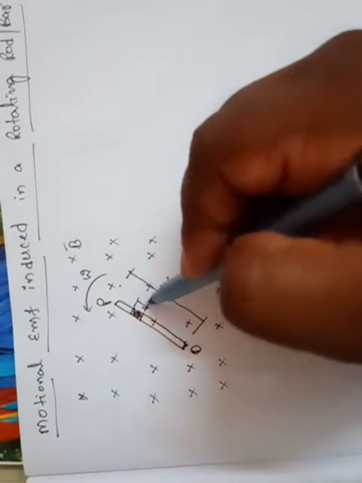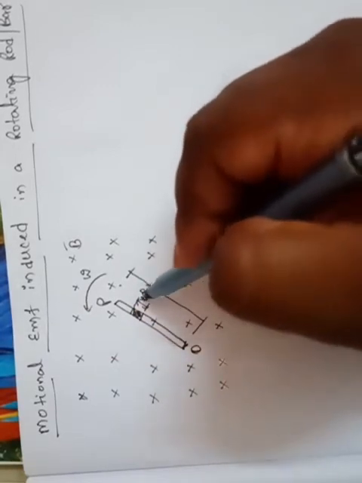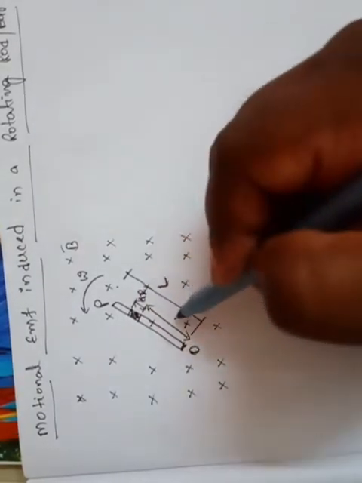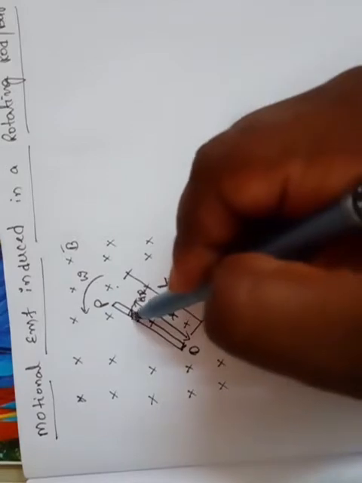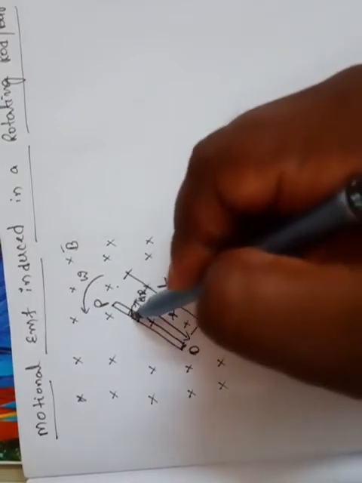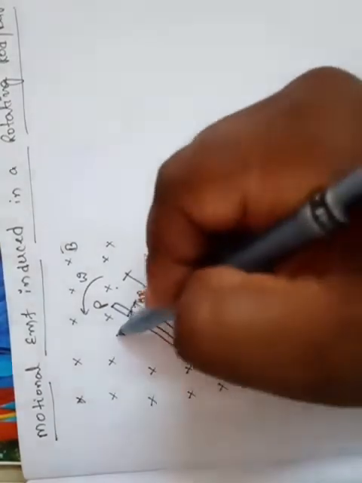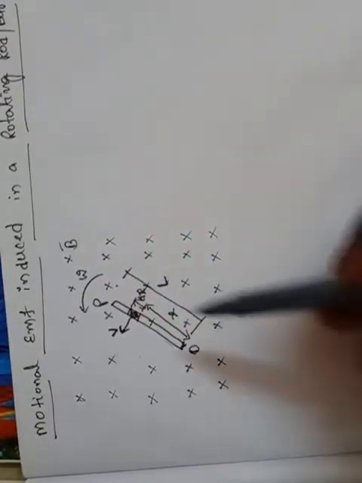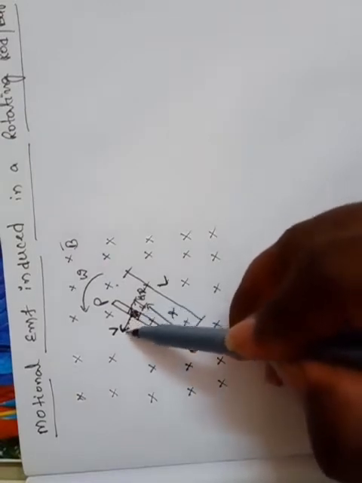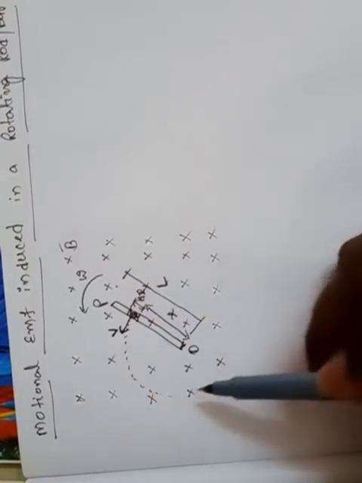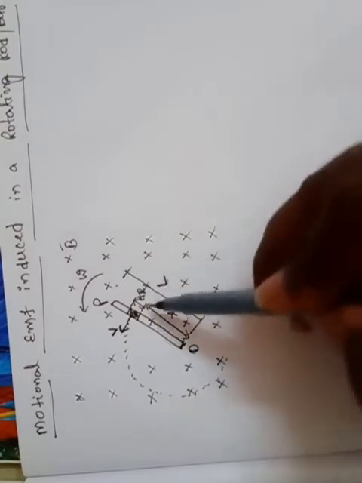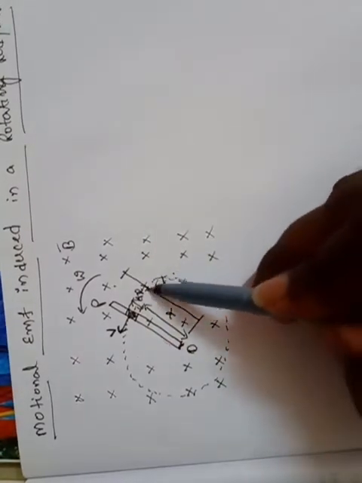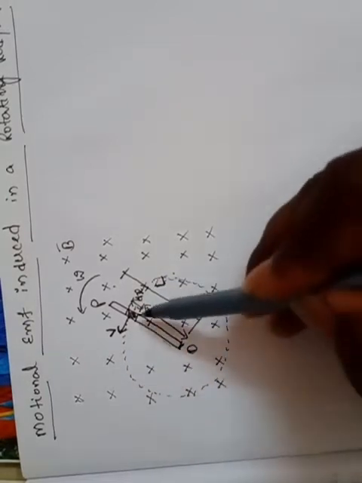This elemental length is dx, and this element is at a distance x from the point O. Now this element is also moving with velocity v, which means it also makes a circular motion.